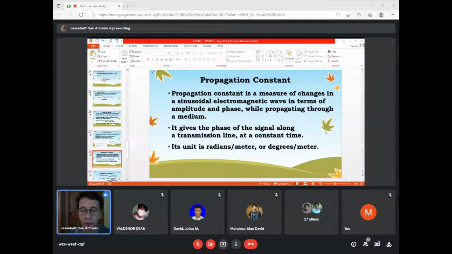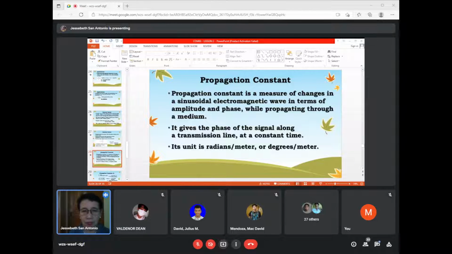Yun yung amplitude. And kung ang parameter na tinutukoy mo ay voltage, ilan yung voltahe? From the zero lines up to the peak value. So, amplitude simply refers to the amount of voltage and or current of the wave of the signal propagating.